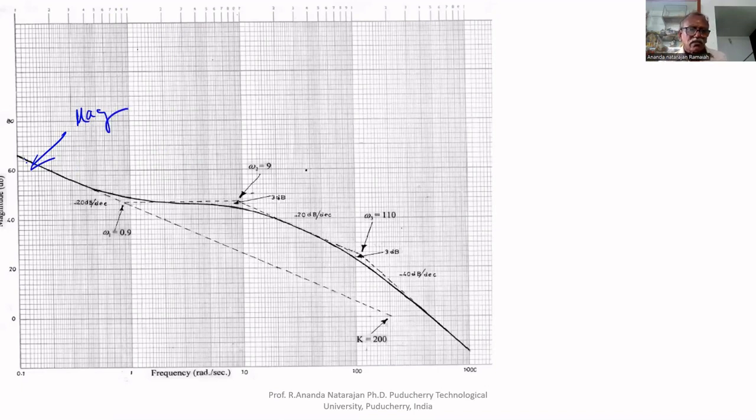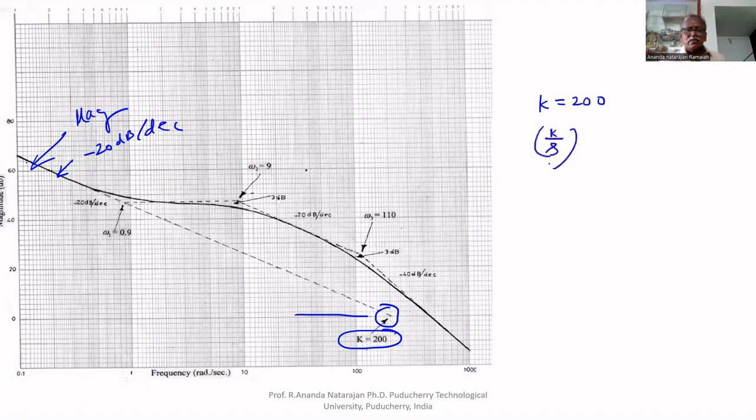The first slope is extended till it intersects the 0 dB line, so that we can find K directly. K equal to 200. The slope here is minus 20 dB per decade. Initial slope, not a horizontal line, therefore K by s. The first factor is K by s.